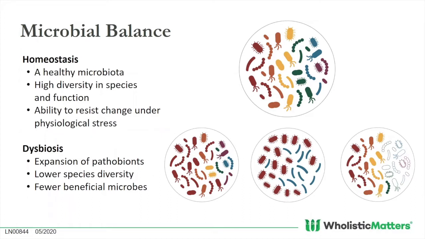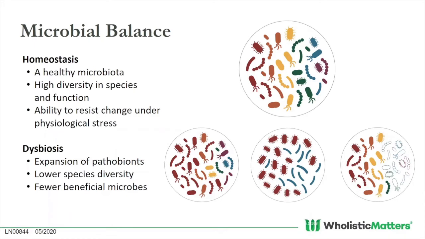But in a dysbiotic state, you have a couple of different kinds of dysbiosis that can be in existence in an individual. So you can have an expansion of the pathobiome. Those sometimes problematic species can outgrow the others and start to lead to problematic effects.